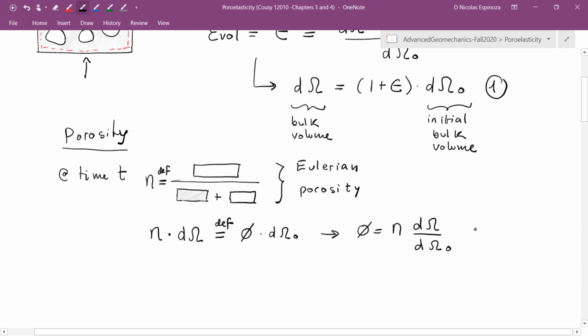And this is going to be my equation number 2, and phi is going to be what I call the Lagrangian porosity.